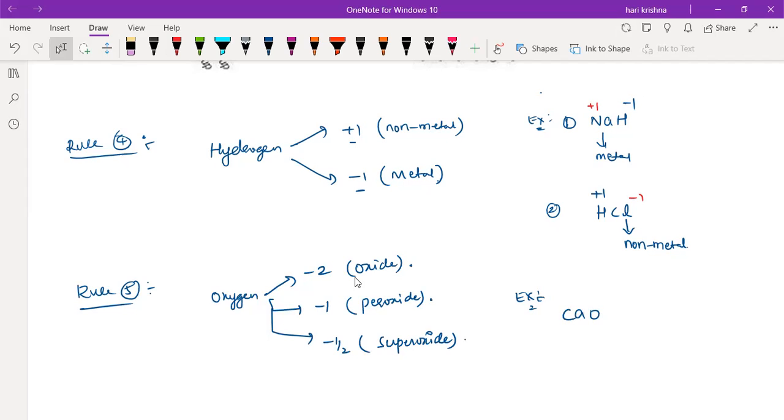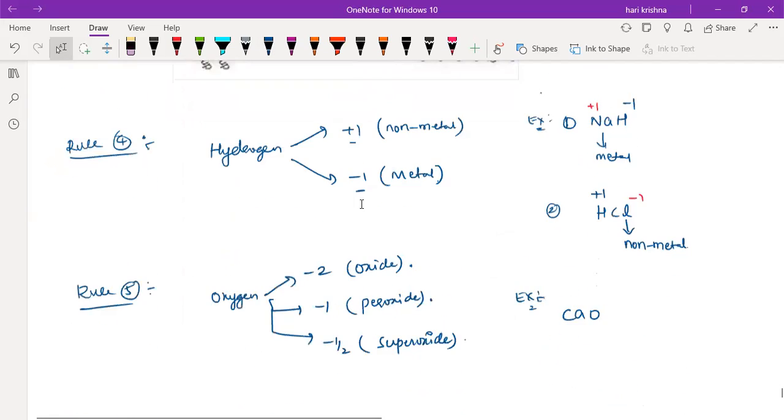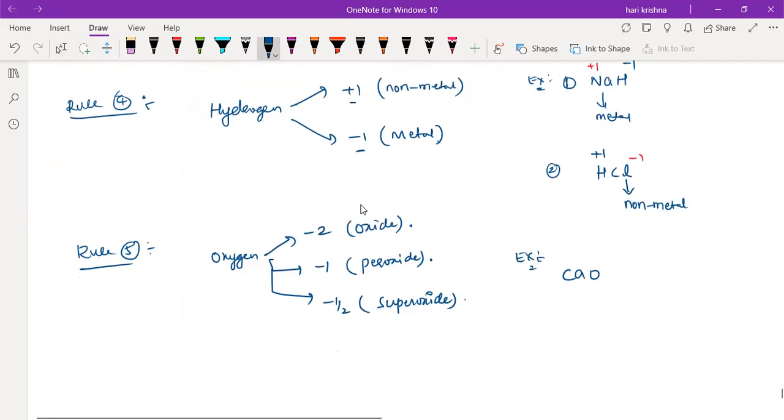Calcium belongs to which group? What is the oxidation number of calcium? +2. So oxygen has to show -2 to make it neutral.